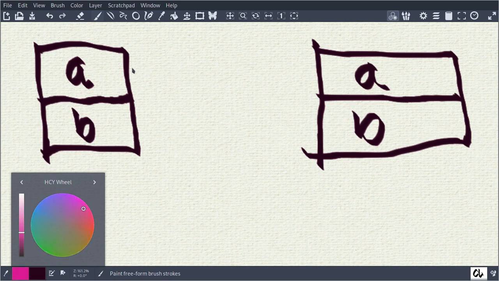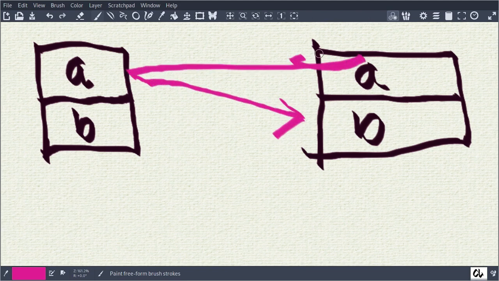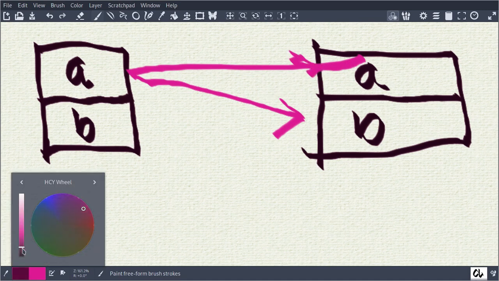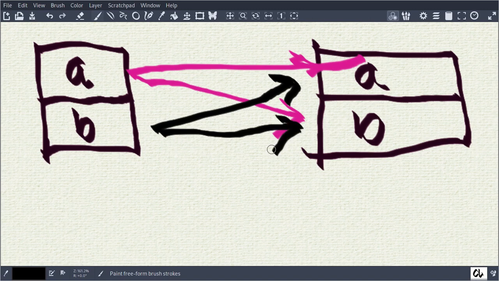So first a is going to multiply with b, and then a is going to multiply with a itself. Then let's go full black here, and b is going to multiply with a, and then with b.